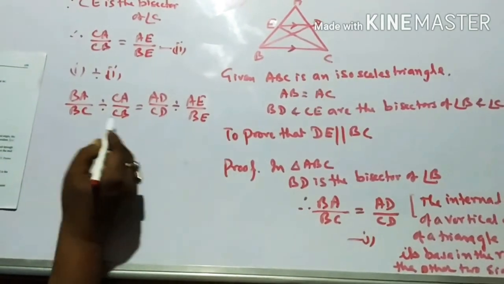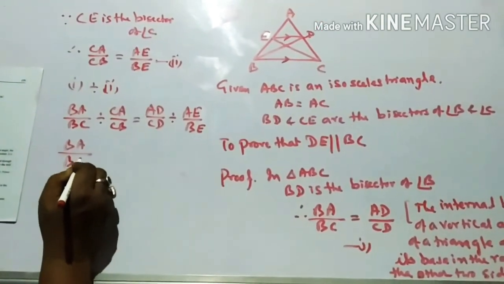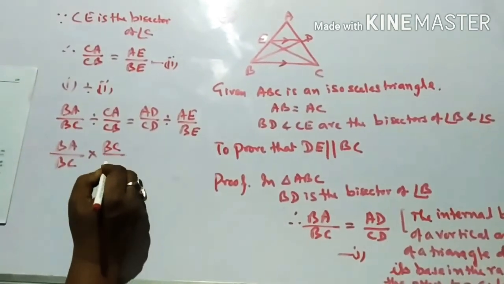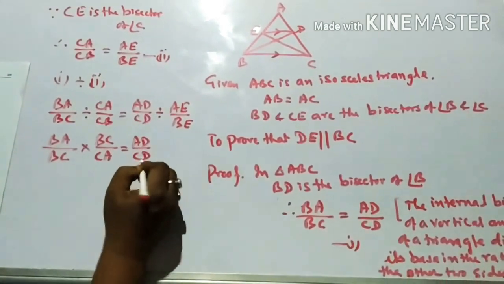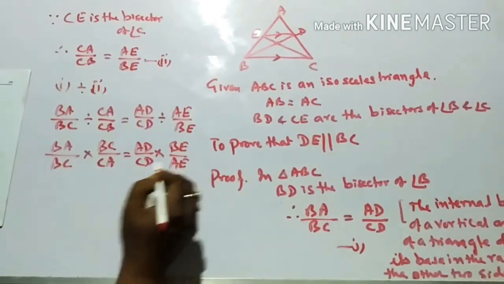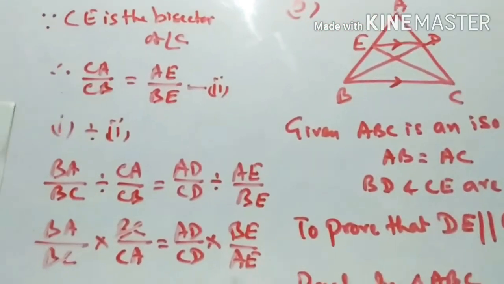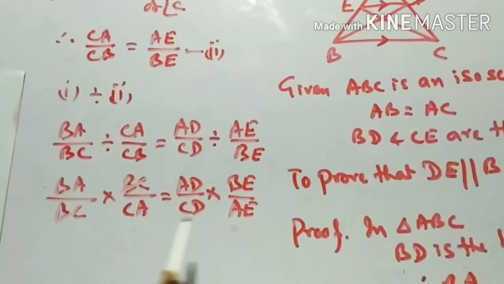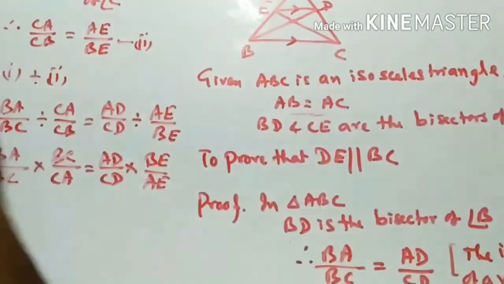This CB and BC, they are the same. So instead of CB I can write BC, this is equal to AD by CD into BE by AE. See, BC cancels out, and now BA is equal to CA? BA means AB. See, BA is equal to CA.